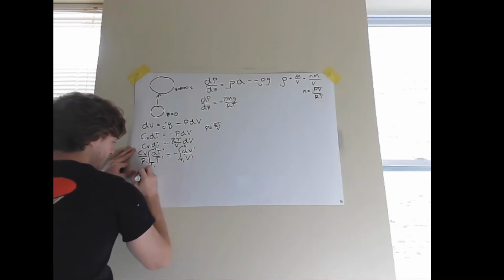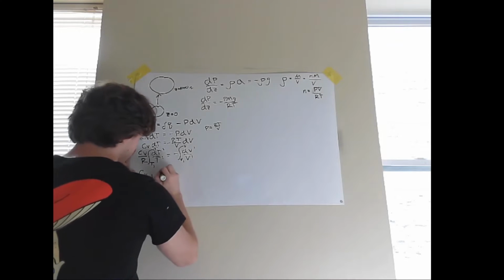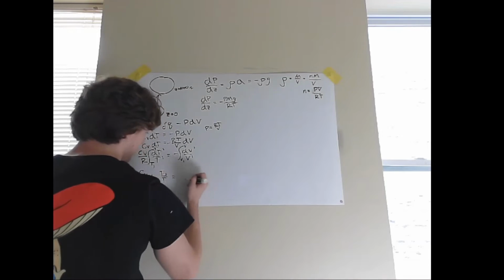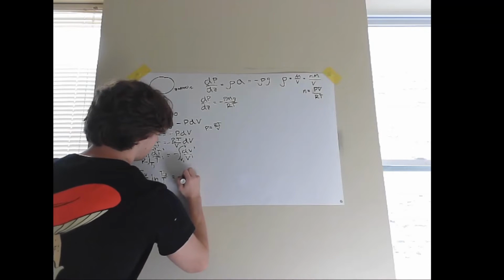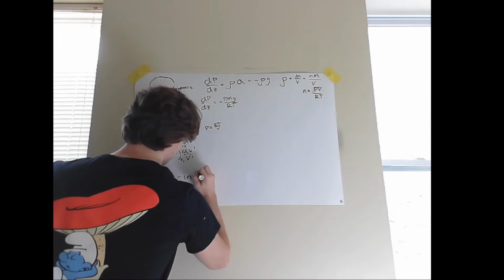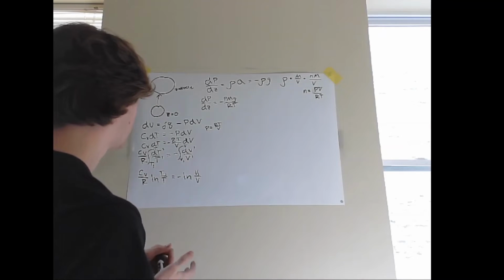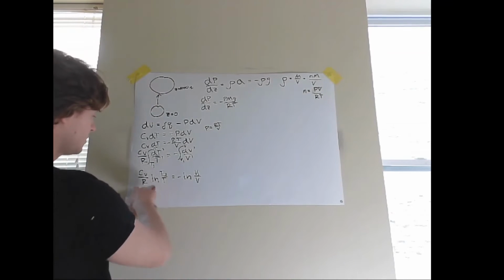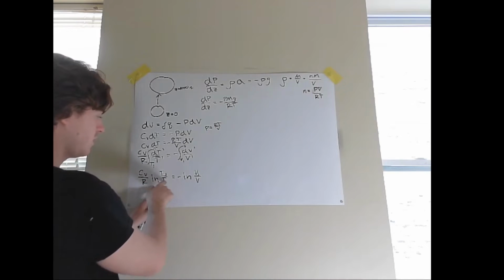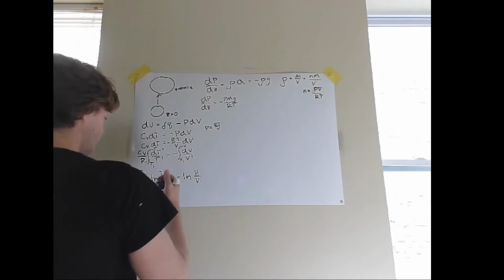So for the left side, we still have our constants, CV over R, out front, times the natural log of T over T1 equals the negative, because we have the negative sign out front, natural log of V over V1. Using logarithm rules, we can cancel these out. So the terms out front will become the exponents. So this will be raised to the CV over R. This will be raised to the -1, and the logarithms will cancel.